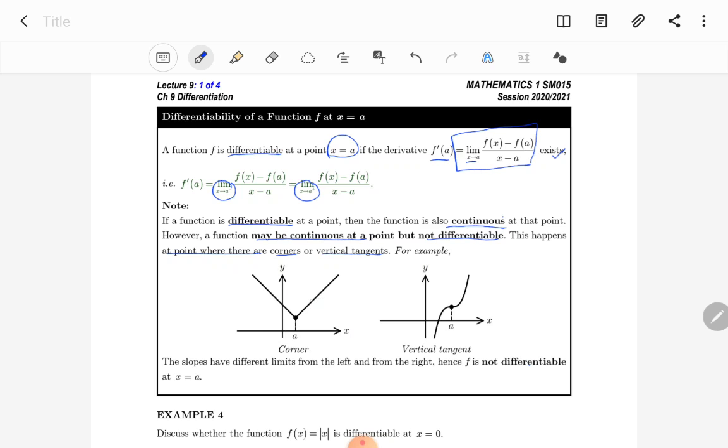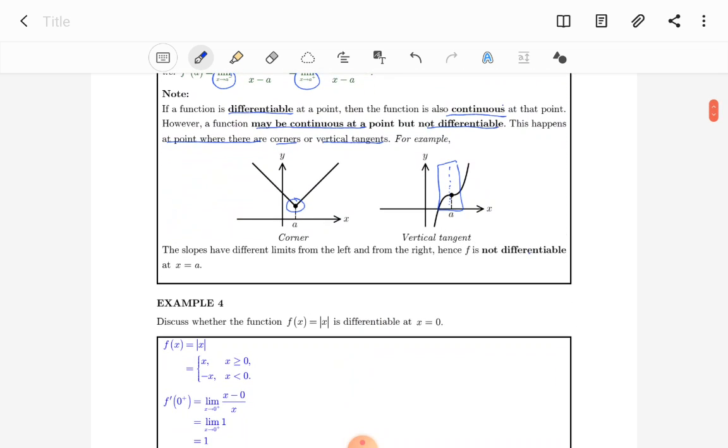So you can look at the given diagrams. For this case, we have a corner at x equals a, and for this case, this is a vertical tangent. The slope has different limits from left and right. Therefore, the function is not differentiable at x equals a.